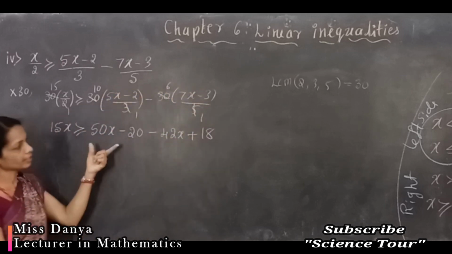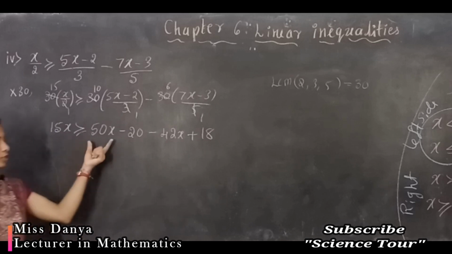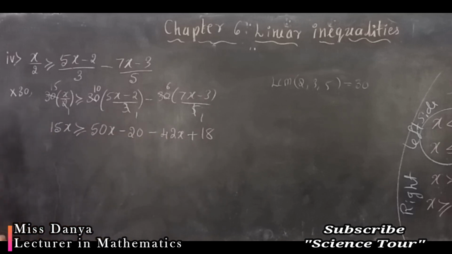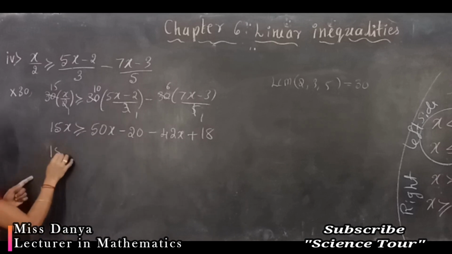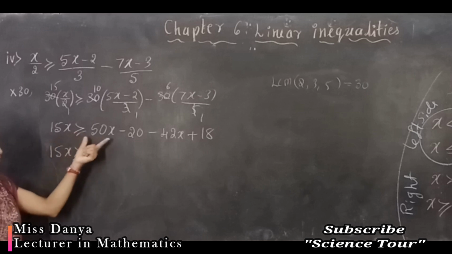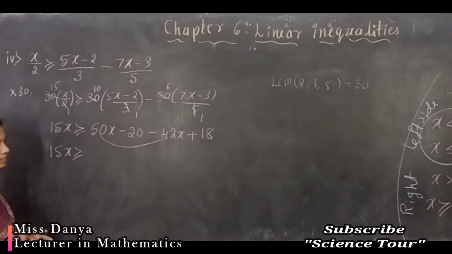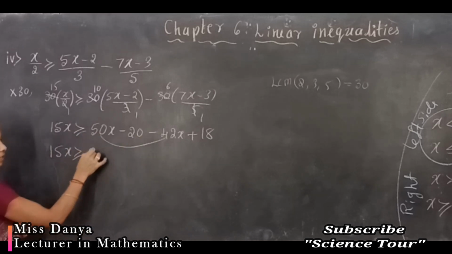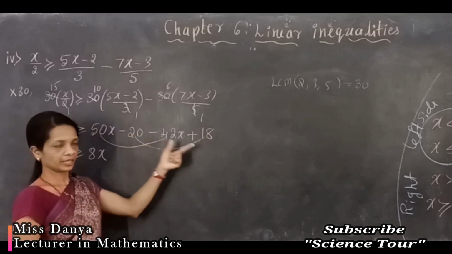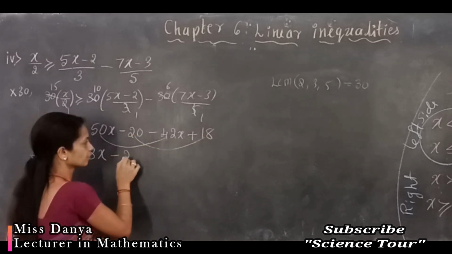Okay, and here you simplify a little bit, because you have more than one x term and more than one number. So 15x as it is, 50x minus 42x simplifies to plus 8x, then minus 20 plus 18 gives you minus 2.